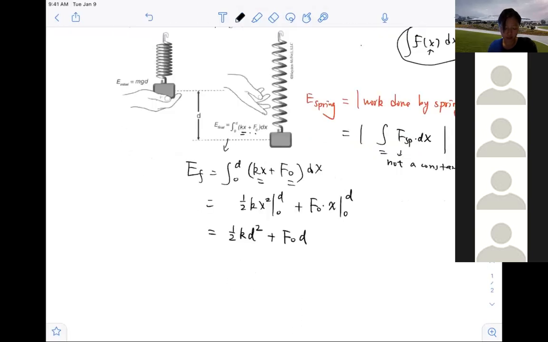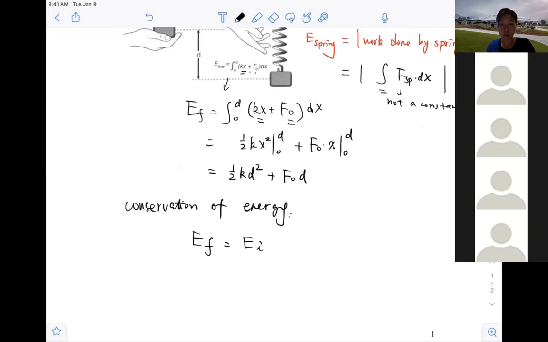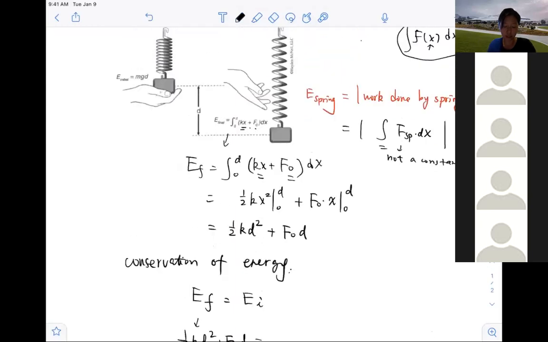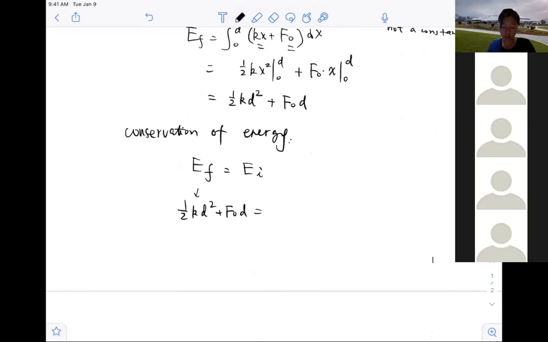So use a conservation of energy approach. Conservation of energy tells me that when there's no energy transfer, your final energy is equal to your initial energy, right? There is no energy input or output. So in this case, these two have to be equal, which means 1/2 k d squared plus F0 d is equal to your initial energy, which is mgd, the gravitational potential energy you have.